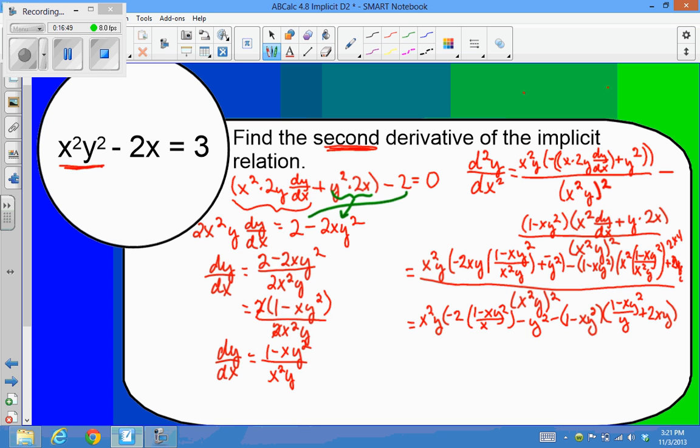And we finally got it all to fit in there. All over x squared y, the whole thing squared.